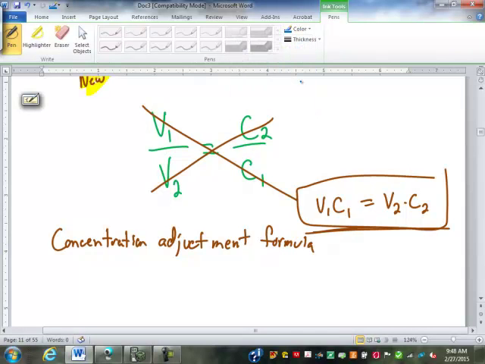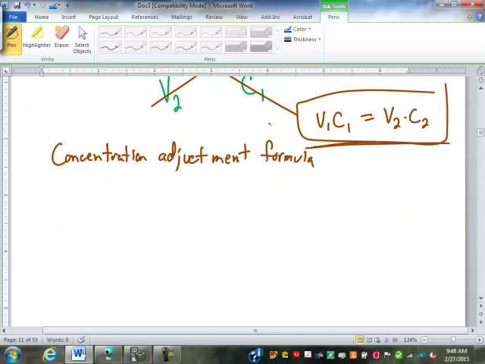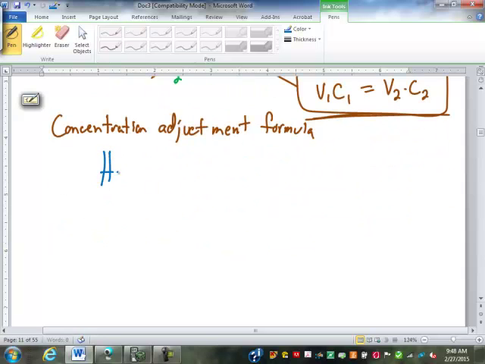So what it allows us to do, like what we were doing with those dilutions up above, let's say we have 300 milliliters of a 48% solution.